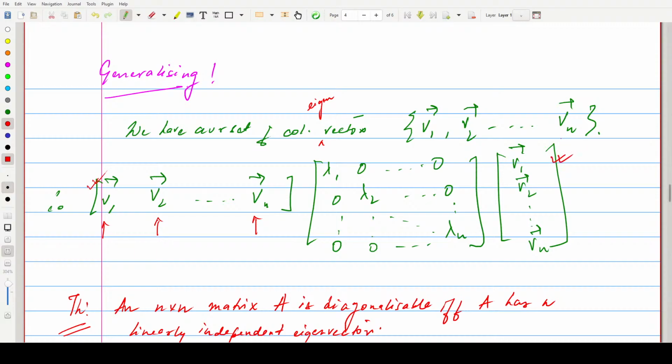And that's our inverse matrix, which is essentially another n by n matrix. And this is our diagonalized values, this is our D, matrix D.